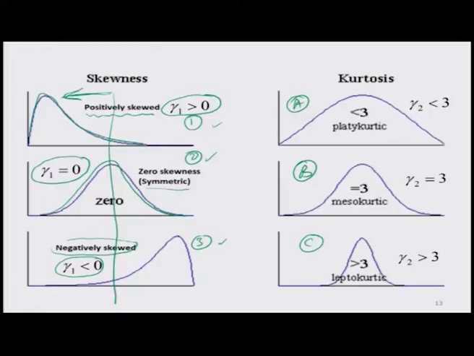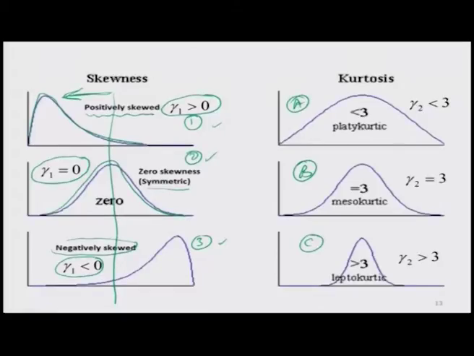This means that when I compute the coefficient of skewness on the basis of a given sample of data, and if the value comes out to be negative, then I can conclude that the hump of the curve is shifted on the right hand side, where more frequency is concentrated on the right hand side of the curve, whereas in figure number 1 more frequency is concentrated on the left hand side of the curve, whereas in the second case the observations are symmetrically distributed around the mean.